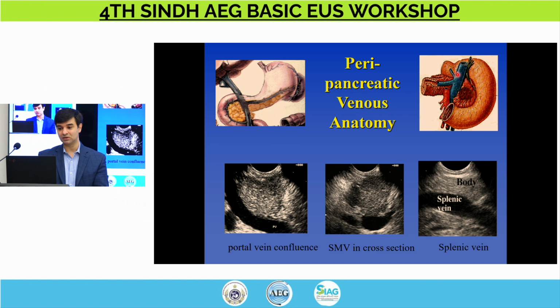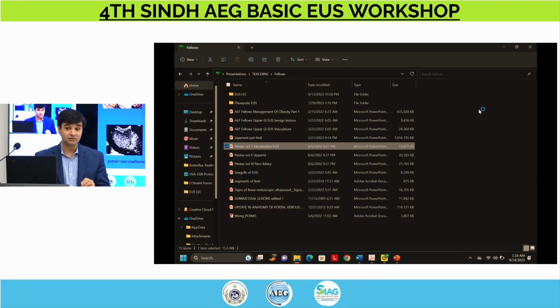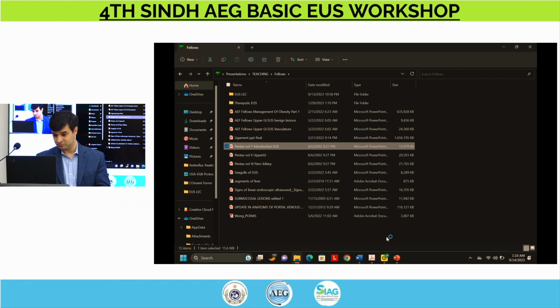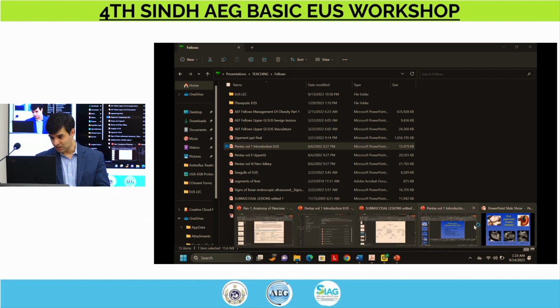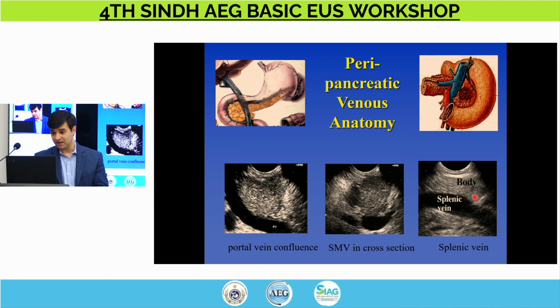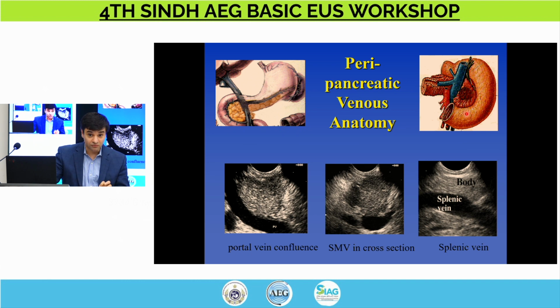Another thing I'll point out here is this is a posterior view of the duodenum, and no pancreatic evaluation is complete until you have evaluated this area. The most common area that endosonographers will miss cancers in is that uncinate process.